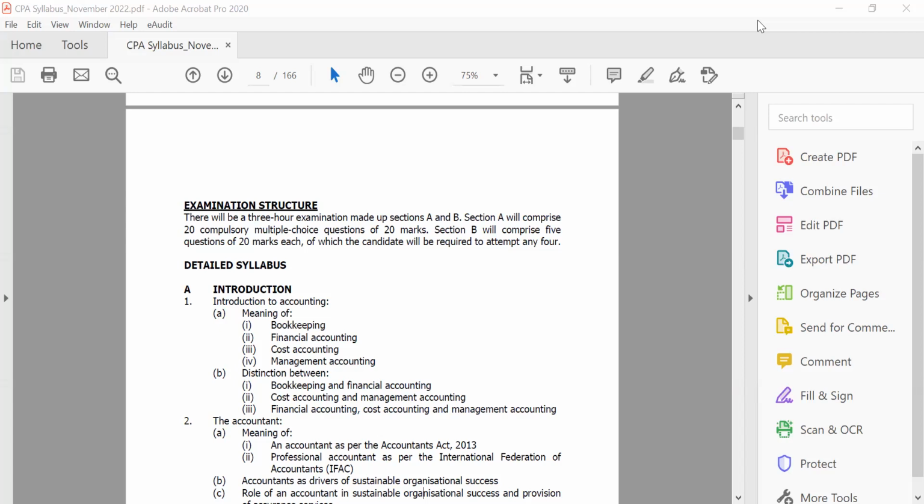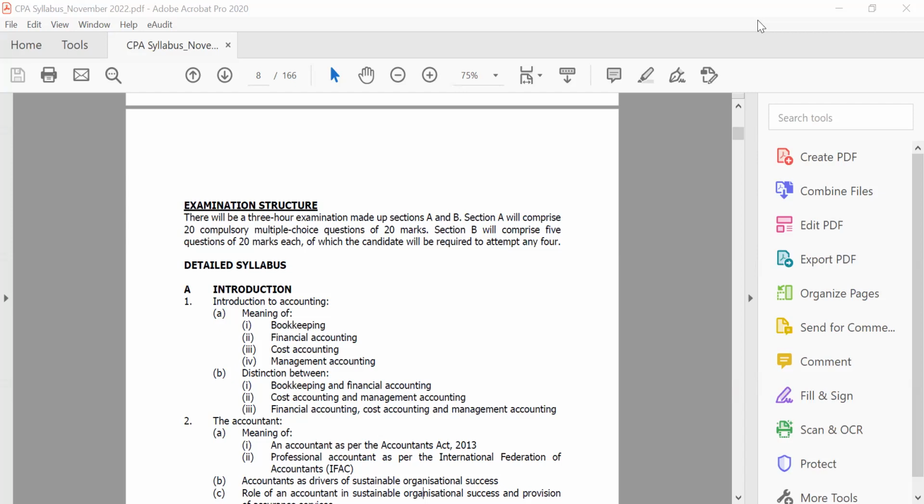And right now, I believe that you know what financial statements are. The first financial statement we have is the statement of financial position, which people call the balance sheet, but it is the statement of financial position.